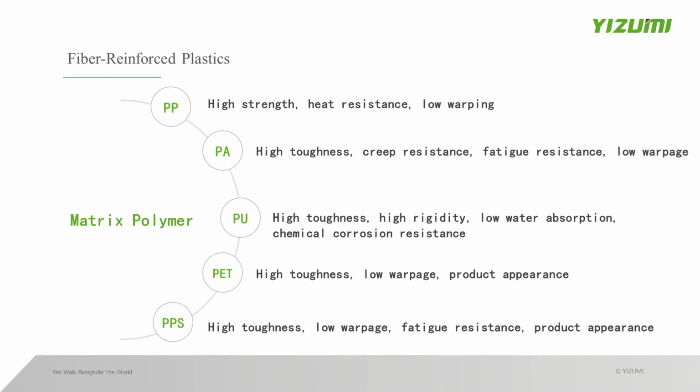Here, I want to talk more about the polymer, because this is more common for you. If we choose PP as the polymer, we add some fiber to reinforce it. Always we have some requirements, which I list here: high stress, these are mechanical properties, high resistance, low warping.